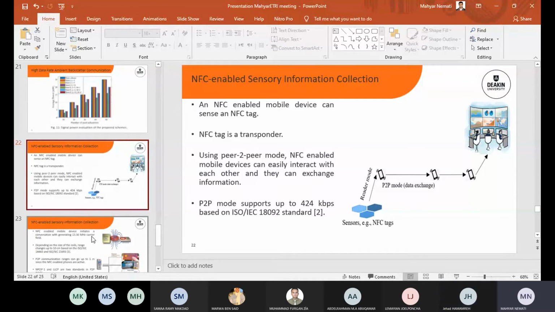Near field communication is very similar to RFID technology, so they are in the same family. One of the big potential industries for this type of sensors is smart farming. Another example is smart industry. Another example is smart cities or even smart parking.